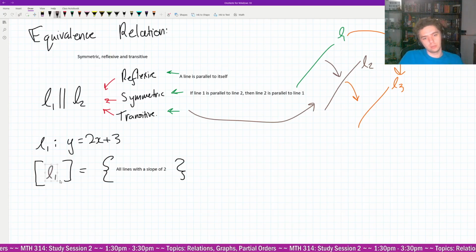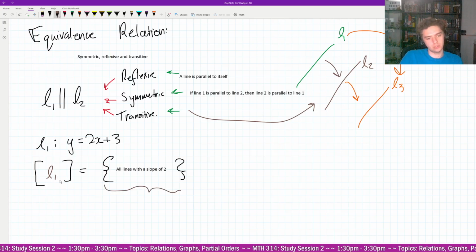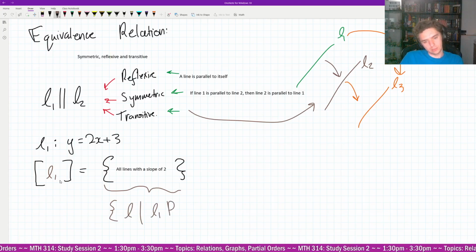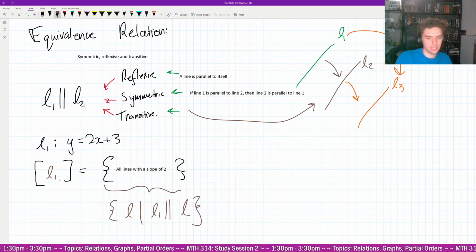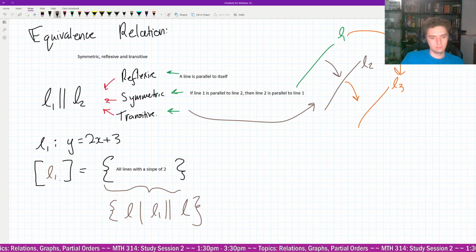In set notation, this is the set of lines L such that L1 is parallel to L. It's a set of all lines such that line 1 is parallel to L. So there we go.